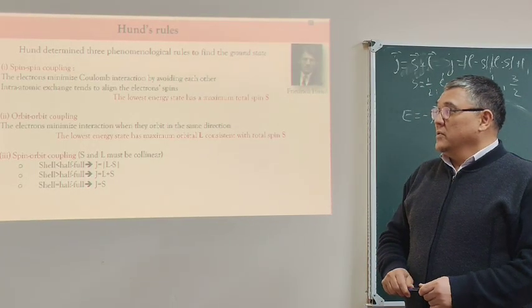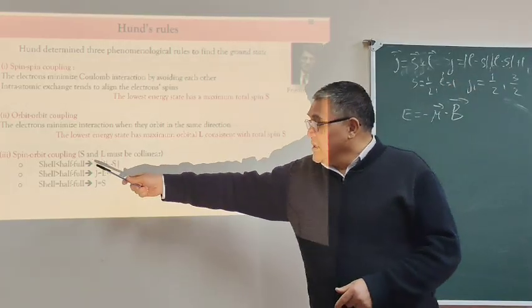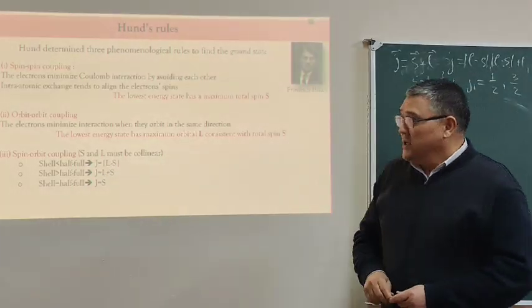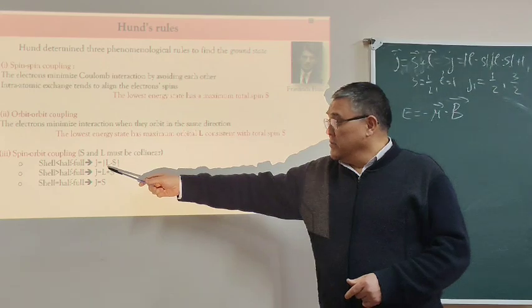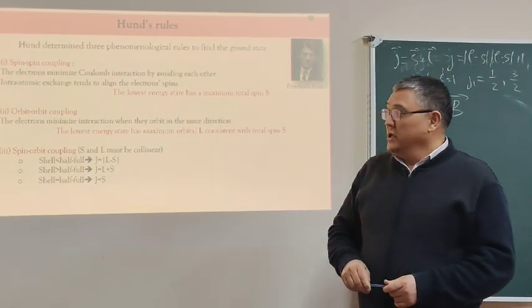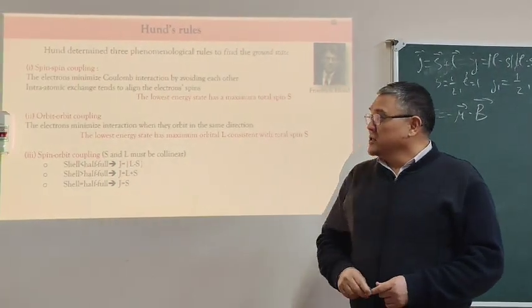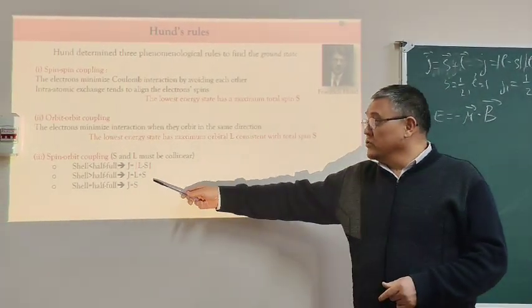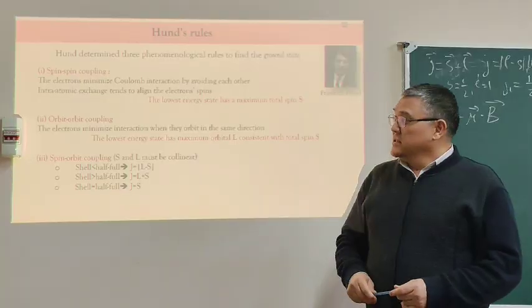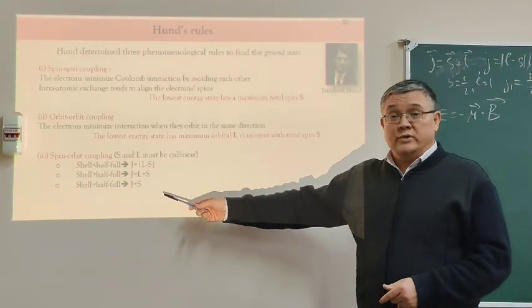If the shell is less than half filled, we have total momentum J equal to the absolute value of L minus S. If the shell is more than half filled, we have J equal to L plus S. And when the shell is half filled, we have J equal to S.